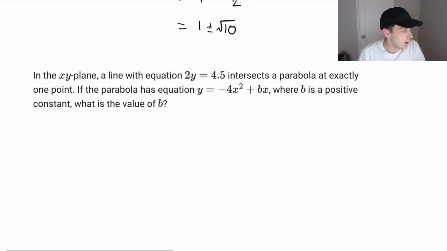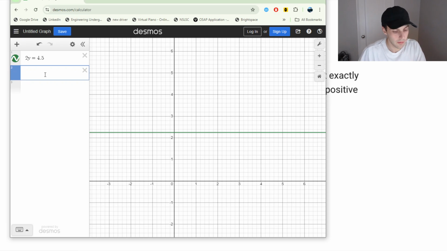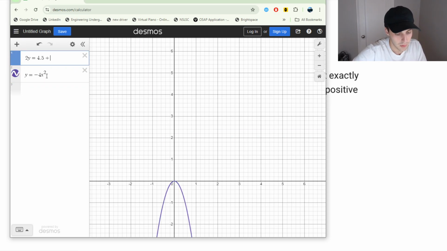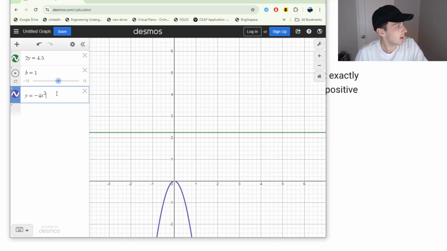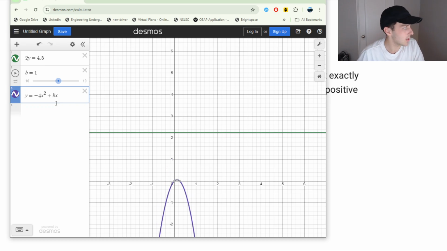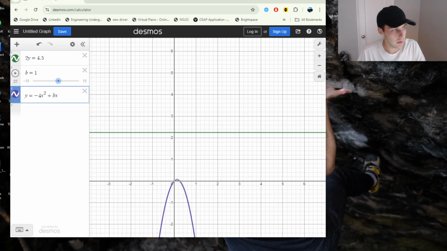And then we've got our downward shaping parabola, and that's going to be in the form of y equals minus 4x squared plus bx. And this is plus b times x. And we've got our slider b. It's asking us if it intersects at one point, what's the value of b?